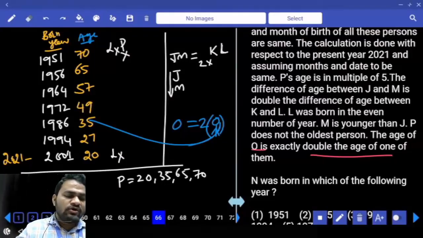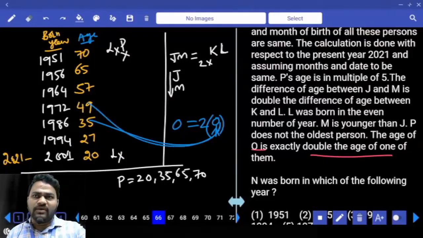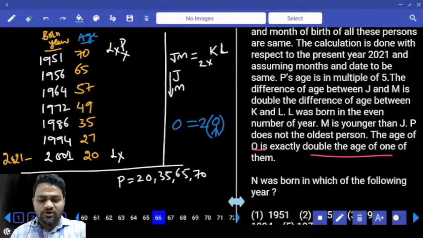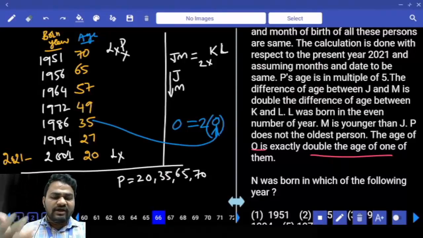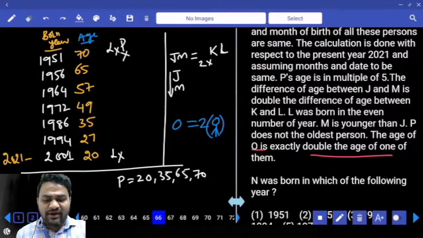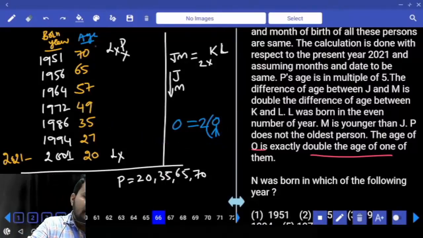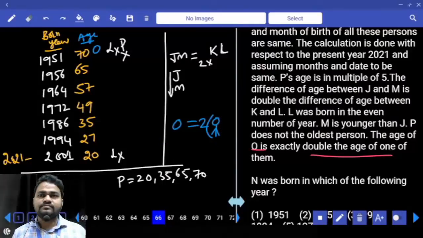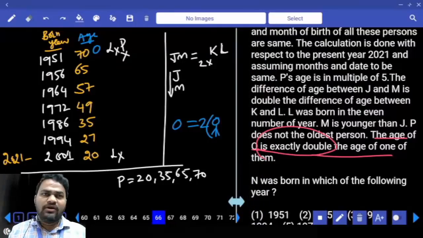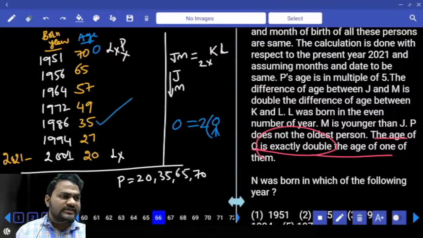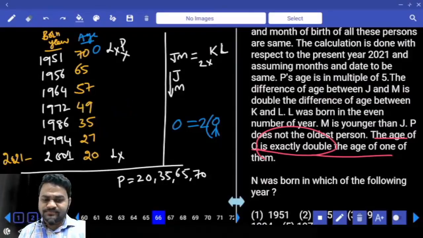I don't have to double 49 because we don't have any number more than 70. So this person's age will be 35. Double of that, 35 becomes 70, so O's age is 70 here. The age of O is exactly double the age of the one whose age is 35.